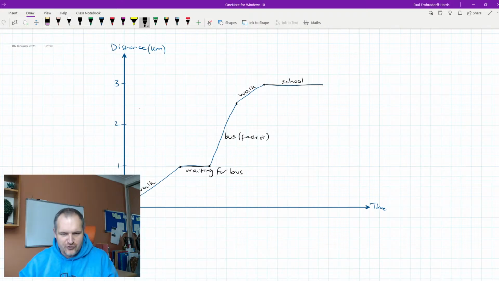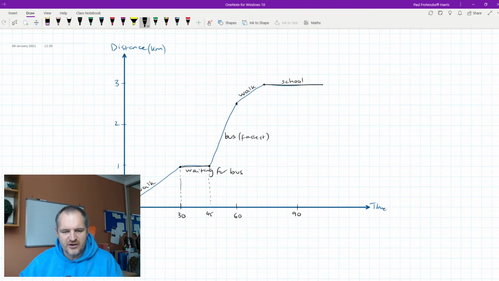We can even start adding numbers to it. For example, let's say that was 30, 60, 90 minutes. So we can see we walk for 30 minutes. We then wait for the bus for about 15 minutes. So that's about 45.